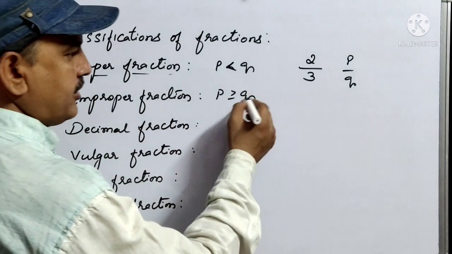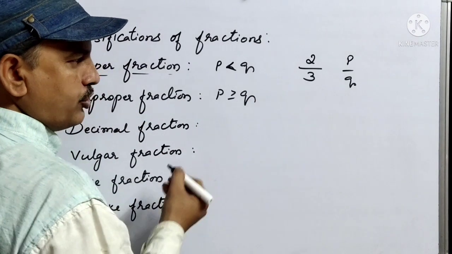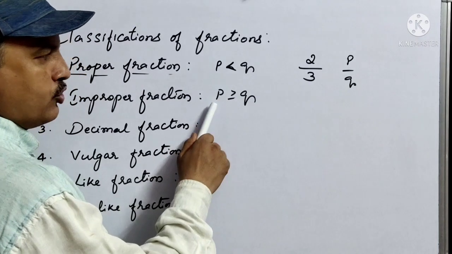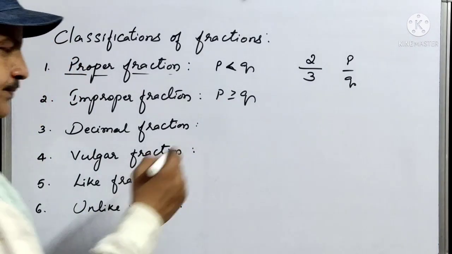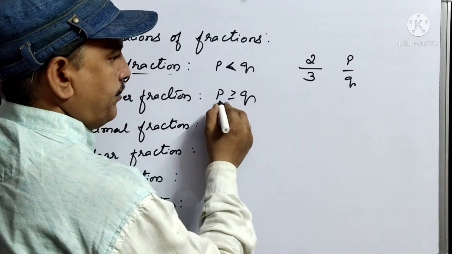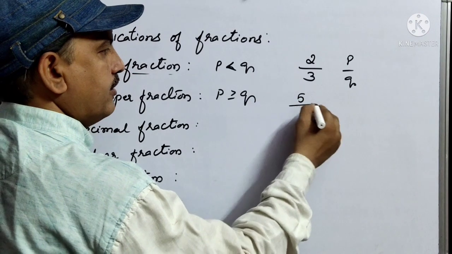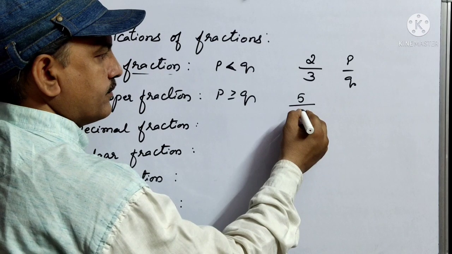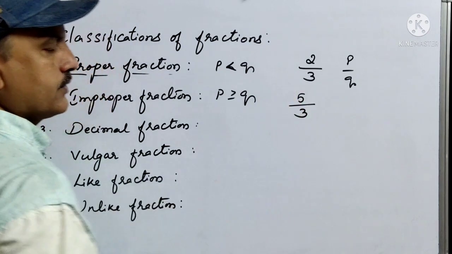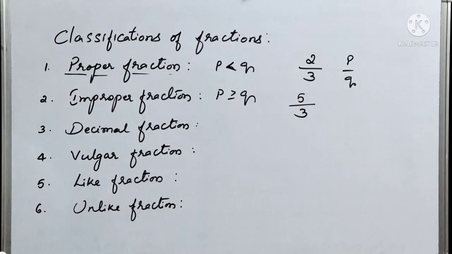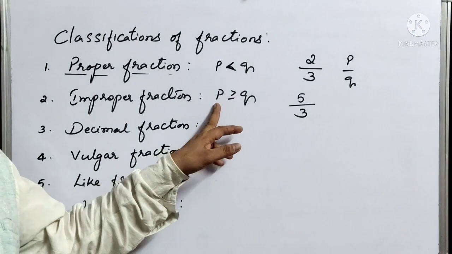Okay, improper fraction. That means P greater than or equal to Q. As I told you, P is the numerator and Q the denominator. P greater than Q, that means P should be more. So 5 by 3. Because P should be more, children.